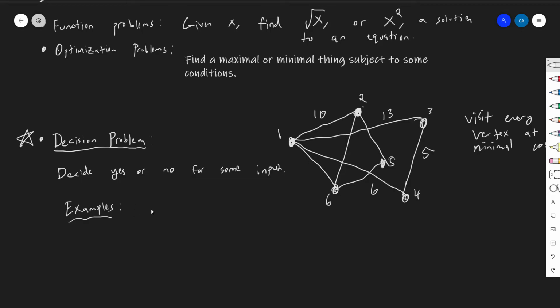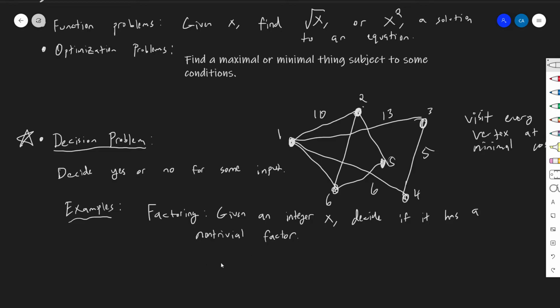But some examples of these are, maybe I'll start with the factoring problem, and I'll just call it factoring. So the factoring problem as a decision problem is: given an integer x, decide if it has a non-trivial factor.